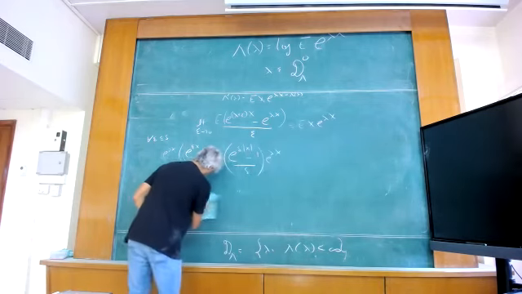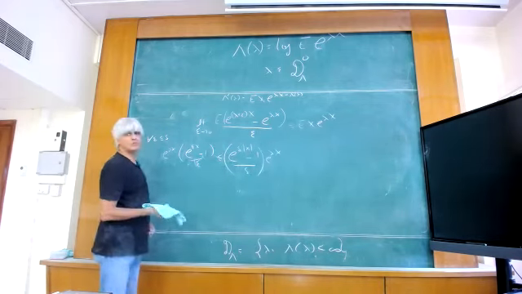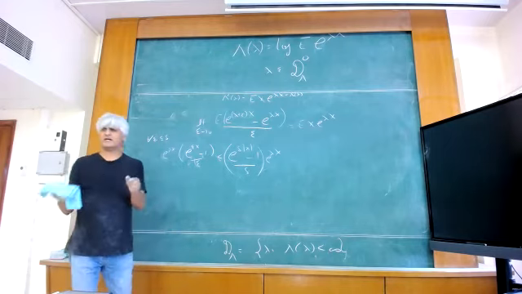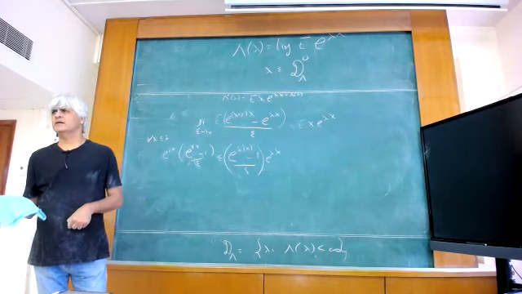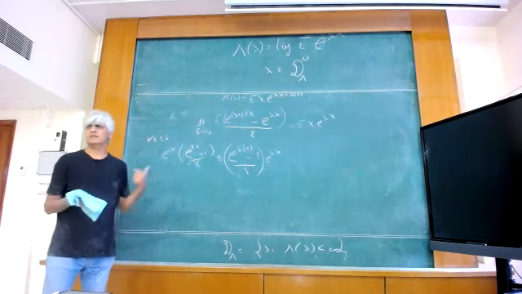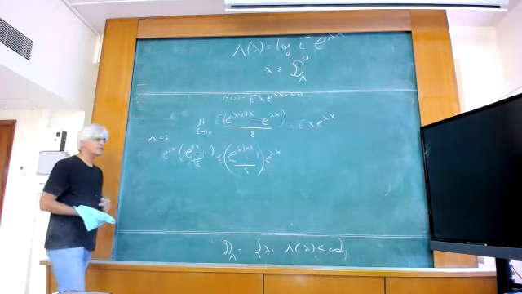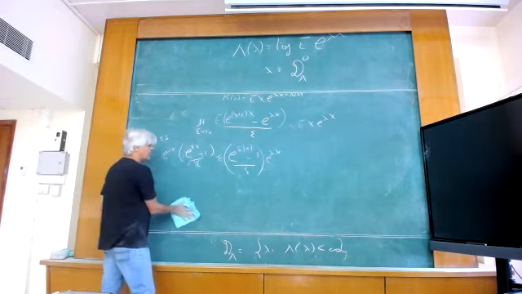We can use this argument to show that this log moment generating function, in the interior of the domain of finiteness, is infinitely differentiable. That's a homework problem for you, at some point.